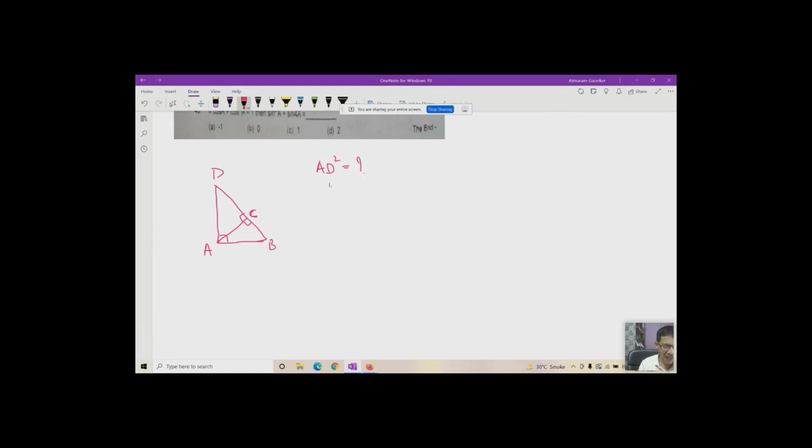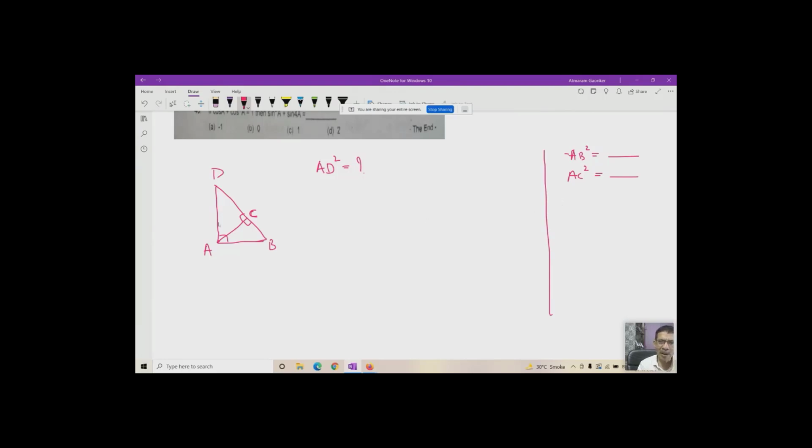Similarly, in some other problem you can be asked, instead of AD square, AB square is how much. Also, you can be asked AC square is equal to how much. So I will tackle all these three cases in this one. I think it is the 6th point. I have given a total of 9 points to remember in the similarity of triangles.